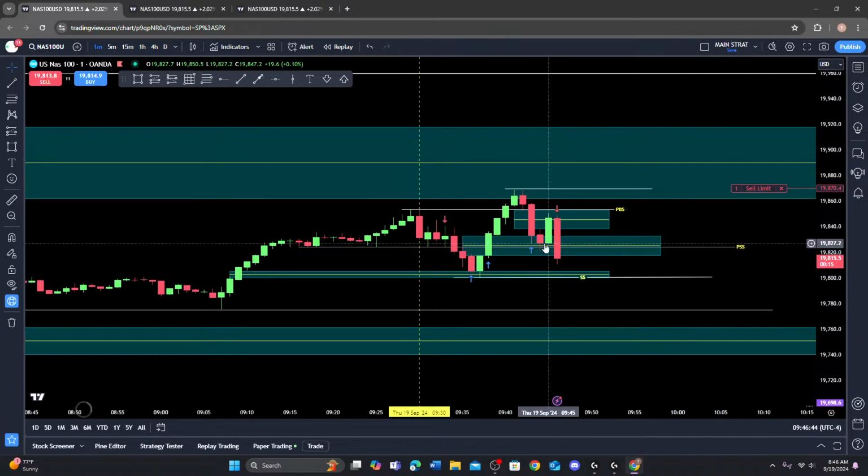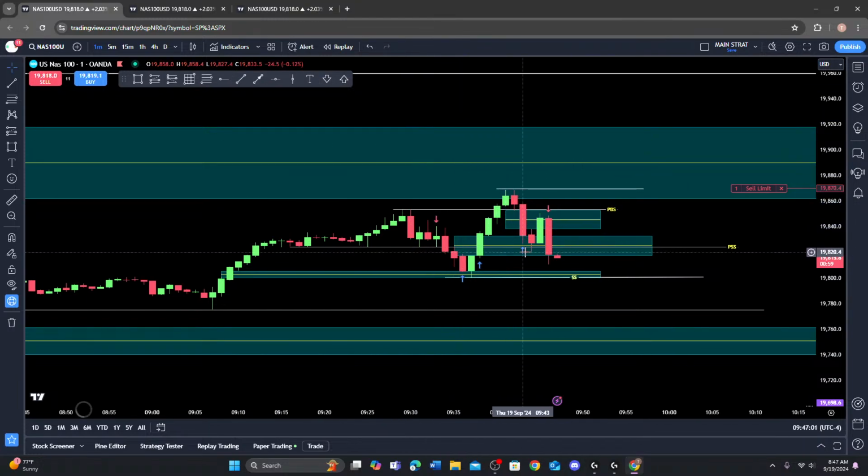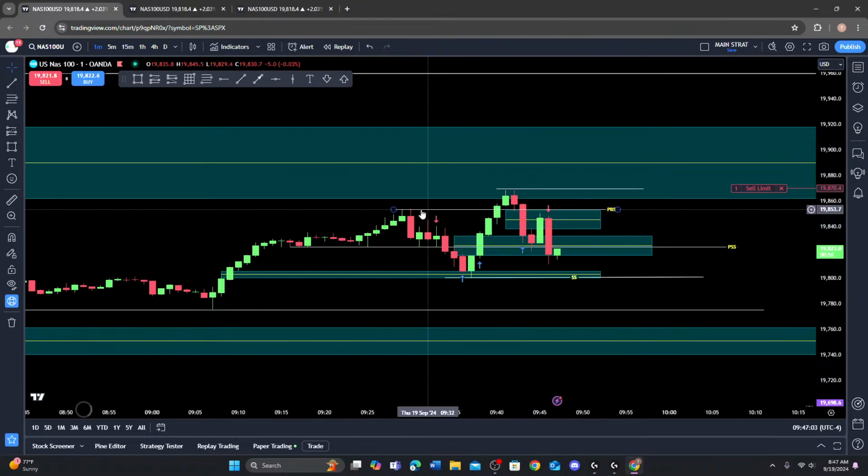The reason why I moved my stop loss so tight on that one is because we have previous buy side right here. I just call it previous buy side. I'm sure there's a different term for it. We made a fair value gap taking out that previous buy side.